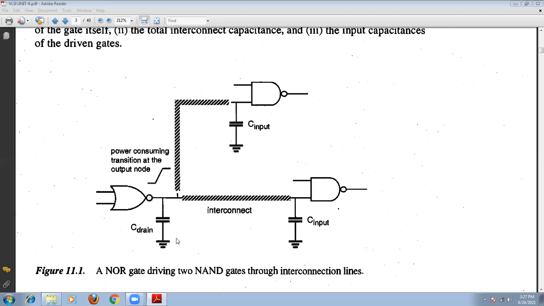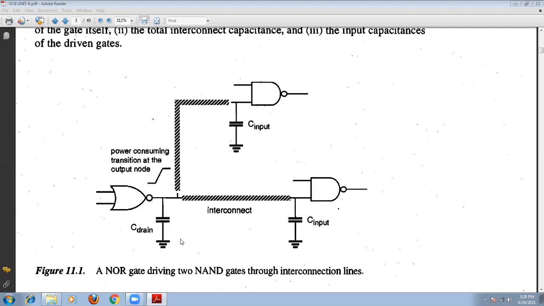During the charge-up phase, the output node makes the full transition from 0 to VDD, and one half of the energy drawn from the power supply is dissipated in the form of heat in the PMOS transistors. In a CMOS device, the pull-up transistor is the PMOS transistor.